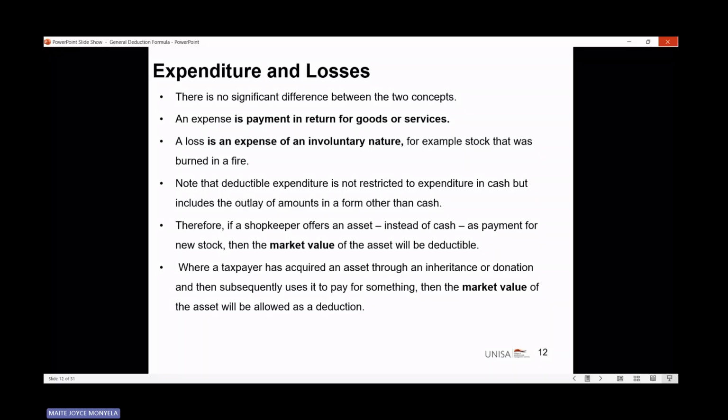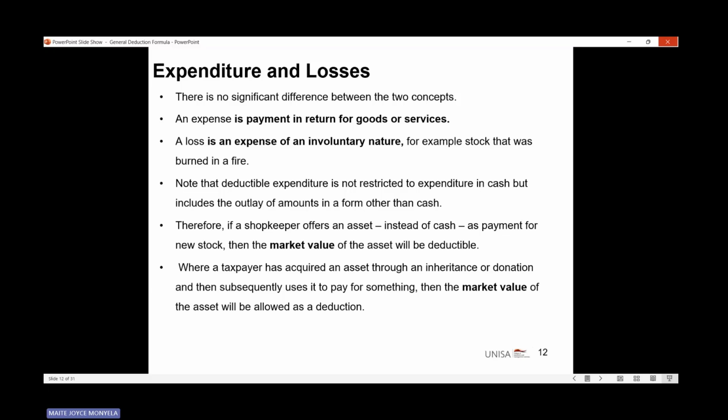So expenditure and losses. One of the requirements is carrying on a trade. We just talked about carrying on a trade, and now we'll go to expenditure and losses. There's no significant difference between the two concepts. So the definition is saying, in order to qualify, one of the requirements is expenditure and losses.